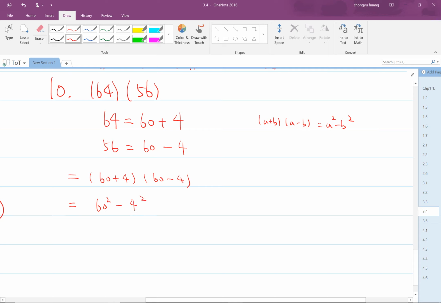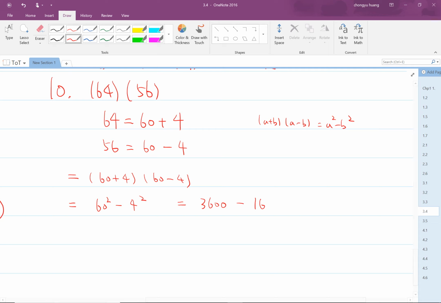That's basically what the property tells us. 60 to the power 2 is 3600, and then minus 4 squared, which is 16, right?